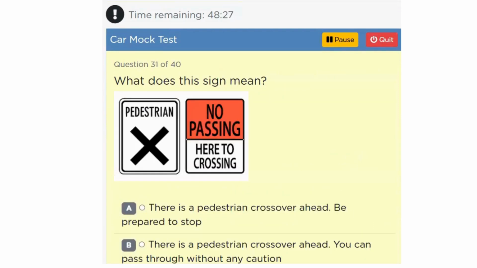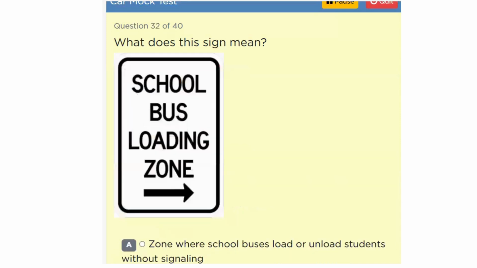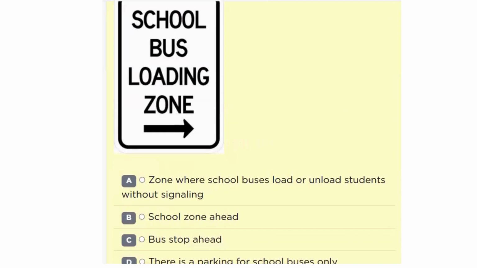Okay, so what does it mean? Pedestrians are not allowed. No passing. You cannot pass through. A. School bus loading zone.